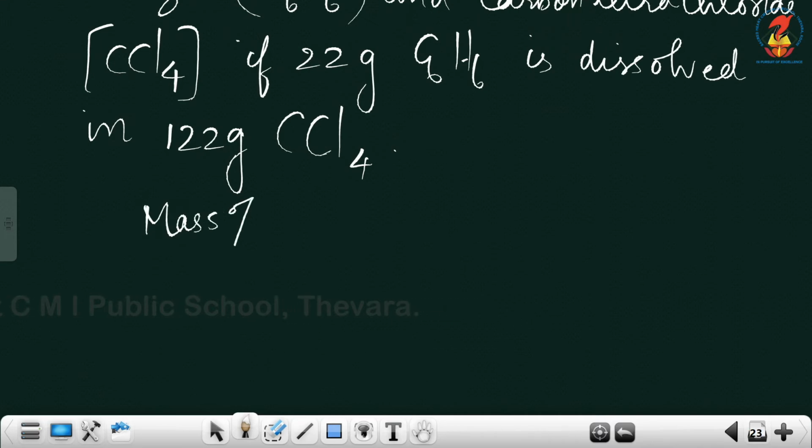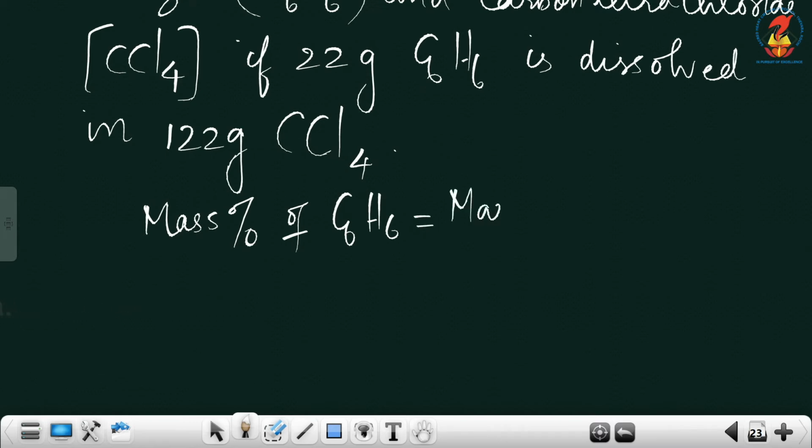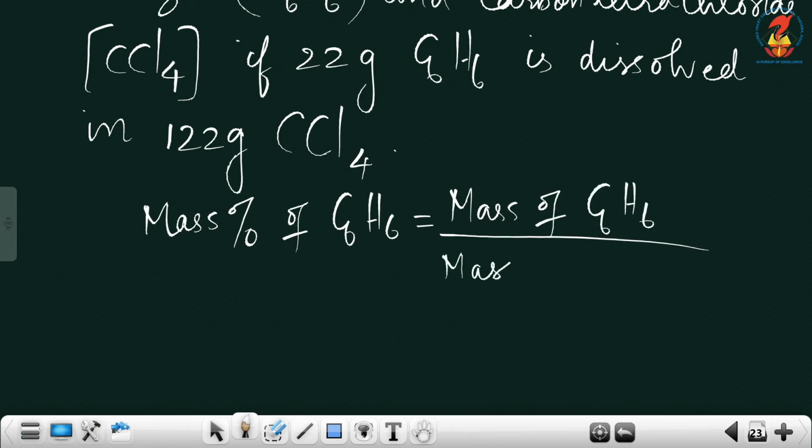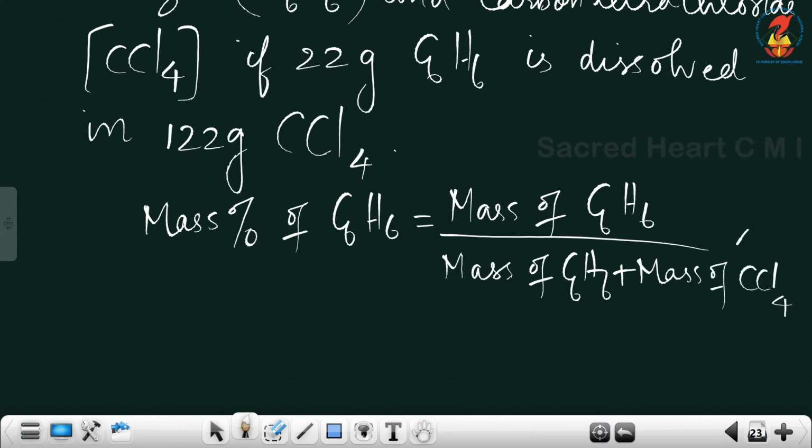Mass percentage of benzene, formula of benzene is C6H6, is equal to mass of benzene divided by total mass of solution, means mass of benzene plus mass of CCl4, into 100.